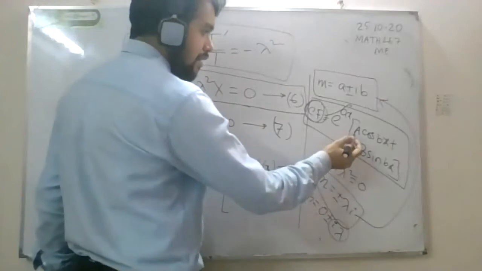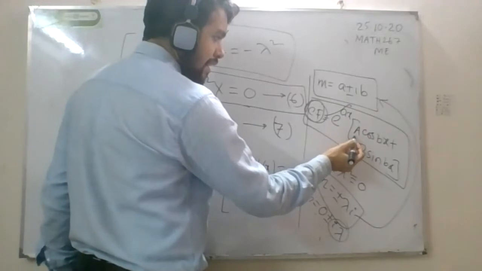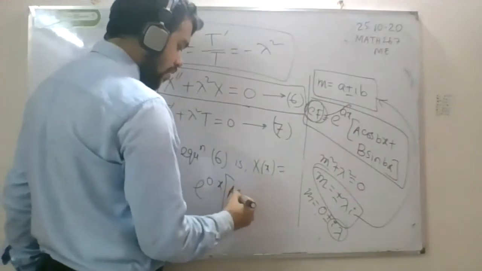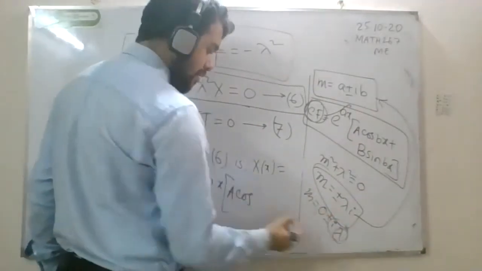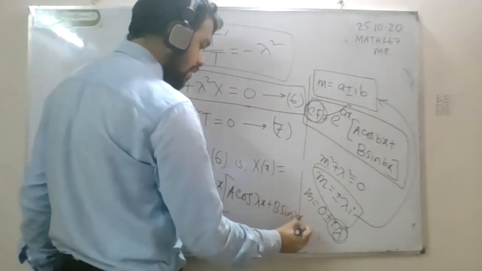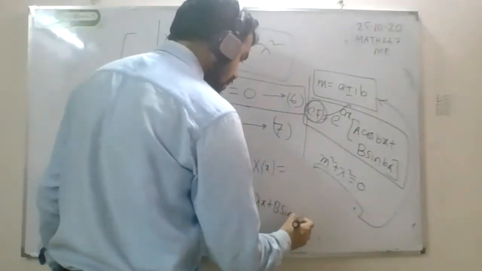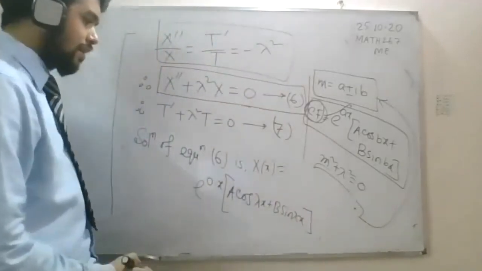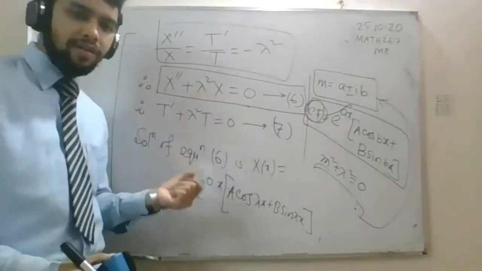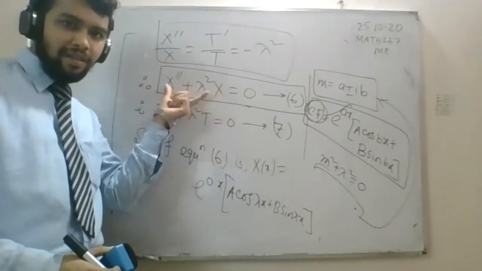You can write a cos bx plus b sin bx, so here b means lambda: a cos lambda x plus b sin lambda x. This is your complementary function, and also the solution of this equation, because the right hand side equals 0, and this is your homogeneous linear differential equation.